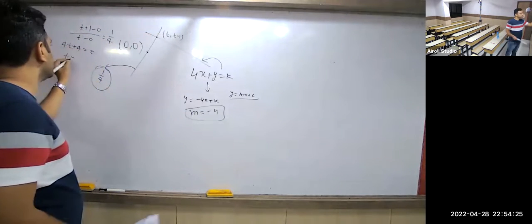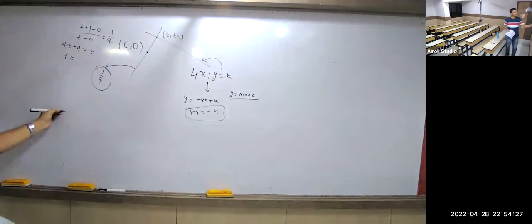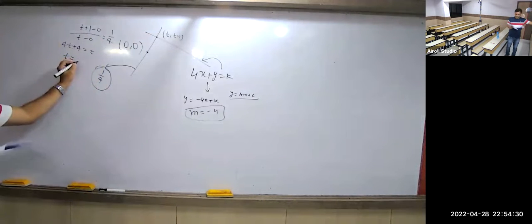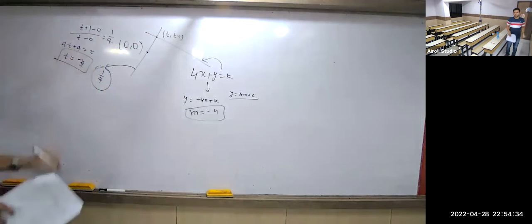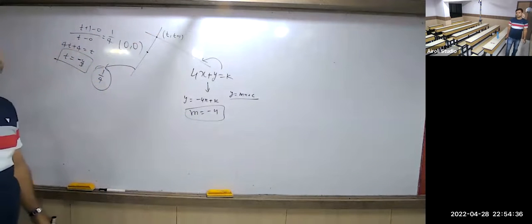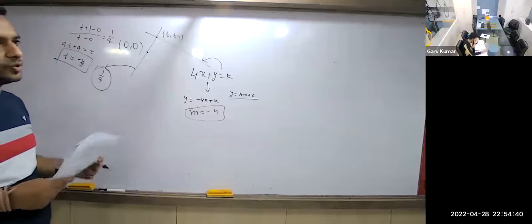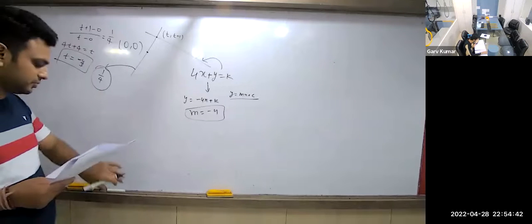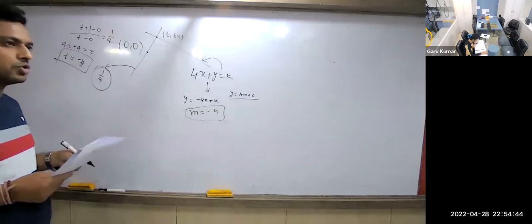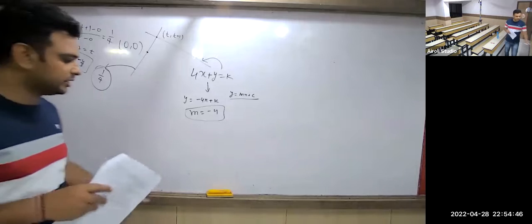So what is the t value? Minus 4 by 3. Yes. Got it? Any doubt? No, sir. Just apply the concept of slope. Okay?